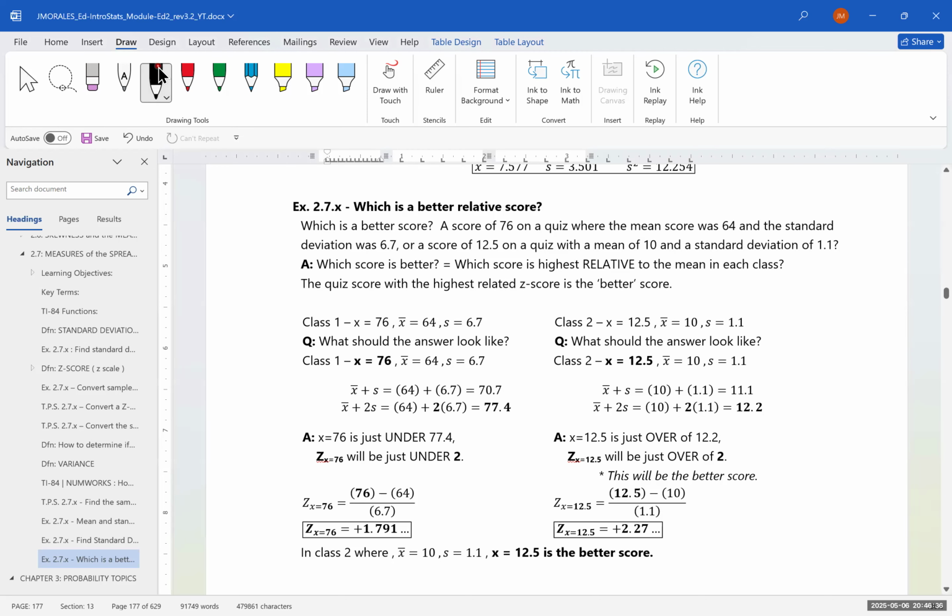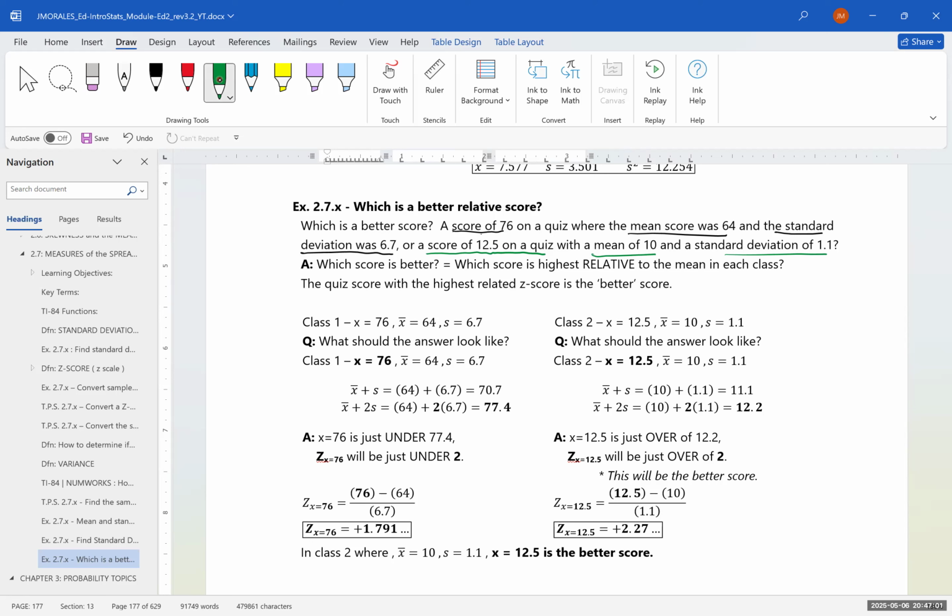So which is a better score? A score of 76 on a quiz where the mean score was 64, with a standard deviation of 6.7, or a score of 12.5 on a quiz when the mean is 10 and the standard deviation is 1.1.